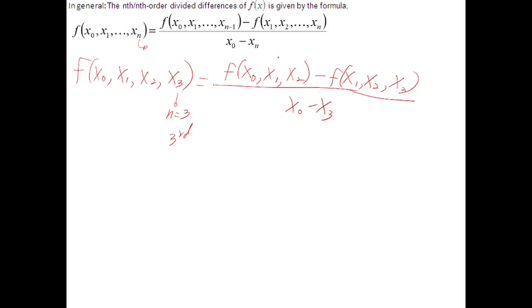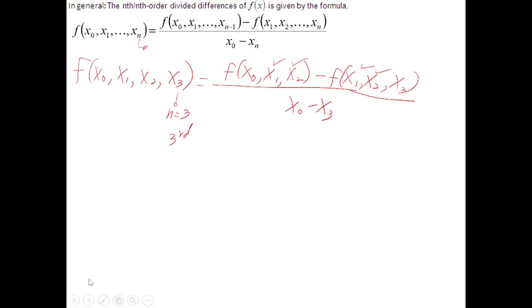As you notice, we have the common arguments x sub 1, x sub 2. So x sub 0 and x sub 3 are not common to the two second order divided differences.